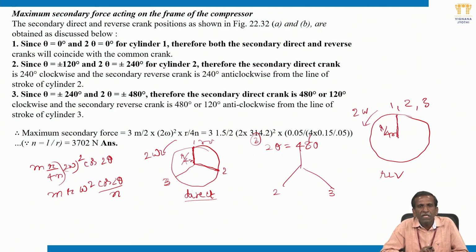This is the maximum secondary force which is acting on the frame, which could be balanced by attaching masses, and the crank positions, direct cranks and secondary, or we can say reverse crank positions, are like this. I think you are able to understand how this crank orientation is going to be understood. Is it clear, I think?